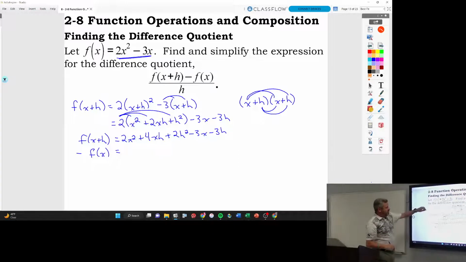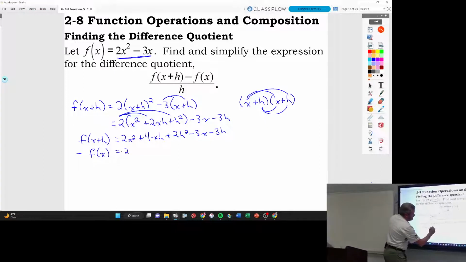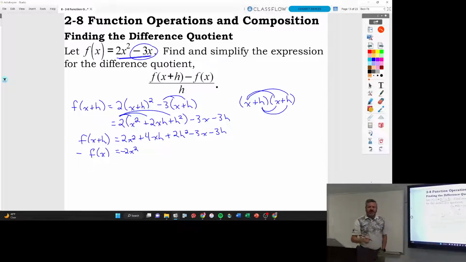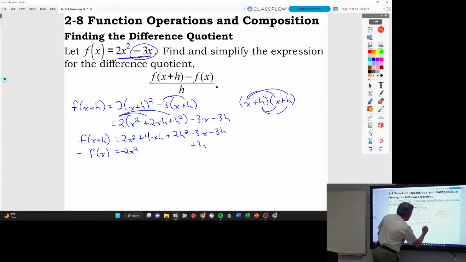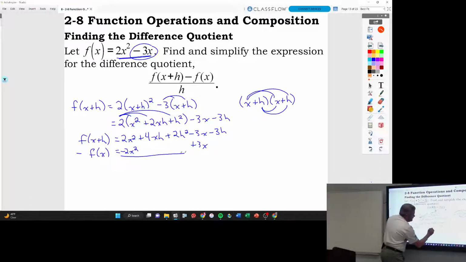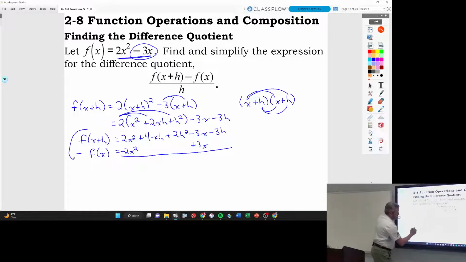If I subtract f of x, then I'm going to have minus 2x squared. And if I subtract a negative 3x, that'd be the same thing as adding a 3x. And if you'll notice, what I'm doing here is taking care of the numerator of my difference quotient right now. So this right here is my numerator.